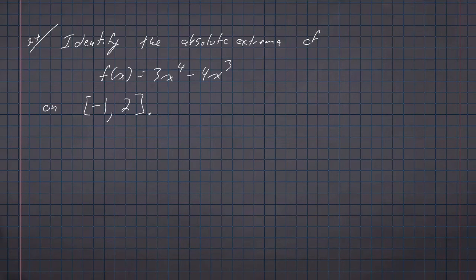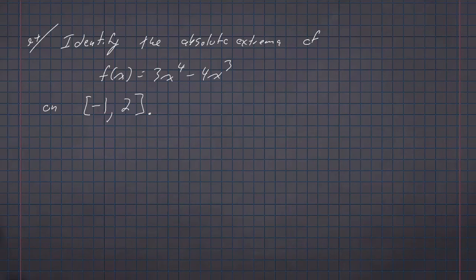Absolute extrema, as I said earlier in this video, must occur either at places where the derivative of the function is 0 or undefined, what we call the critical values, or on the endpoints.